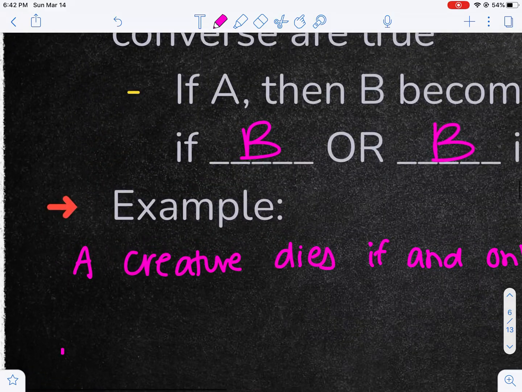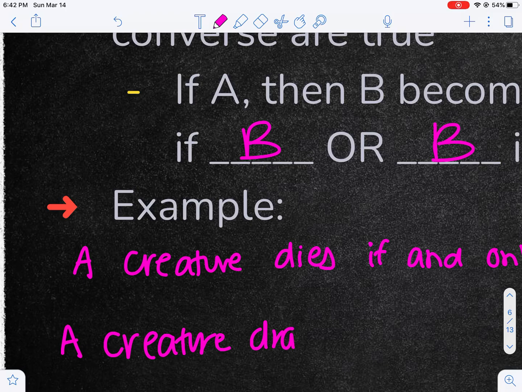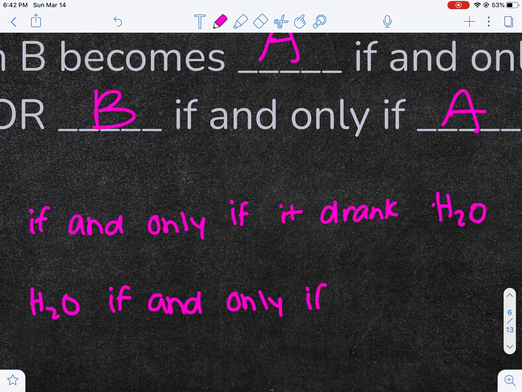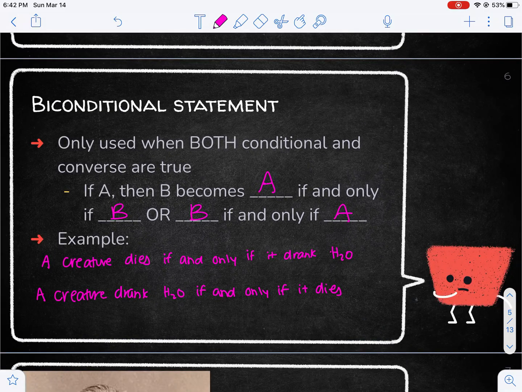Or I could write a creature drank water if and only if it dies. Okay, they're the same idea.